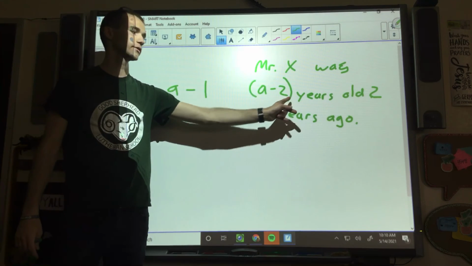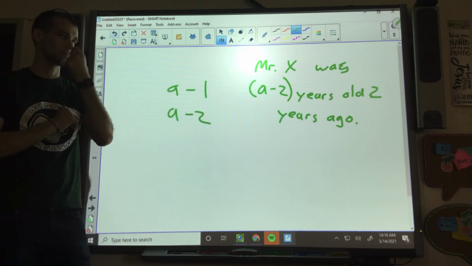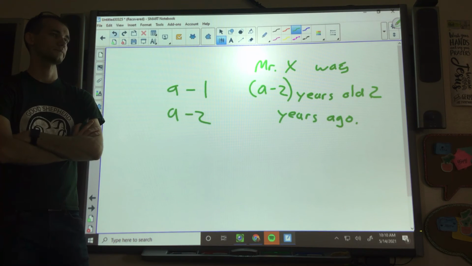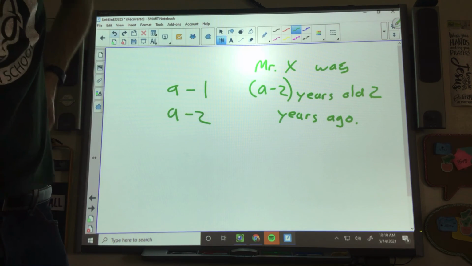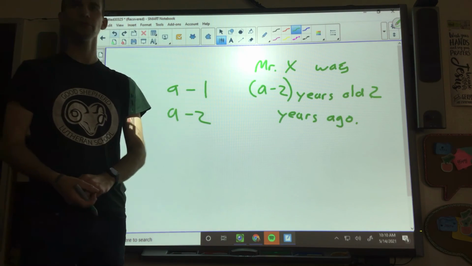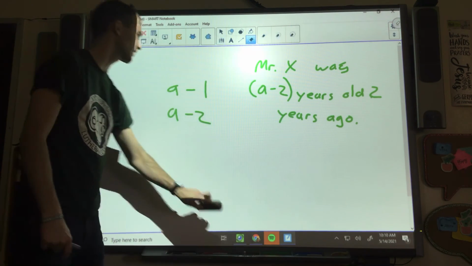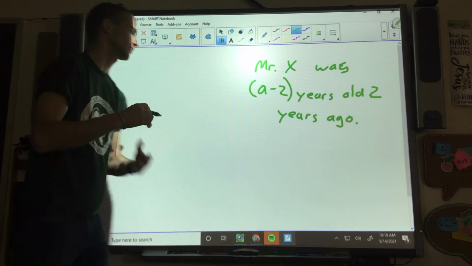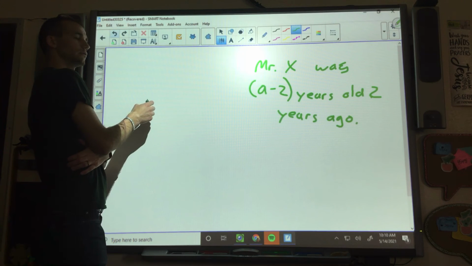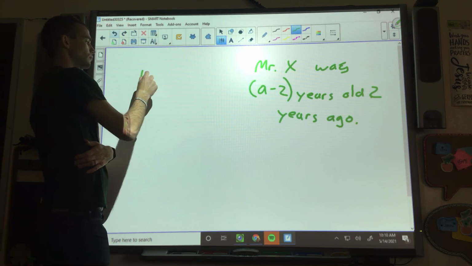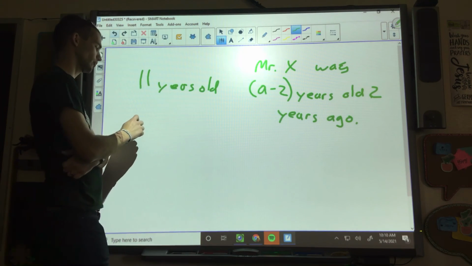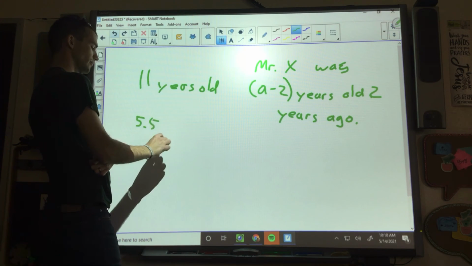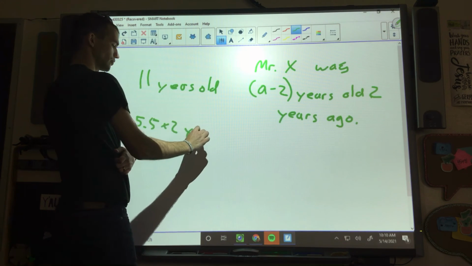Now, why did I put these in parentheses? Yeah? Because whenever you're gonna say something specific, or to answer something. Kind of. Basically, the big reason is, think about it in terms of this. Let's say I say that Jordy is 11 years old. I could also say Jordy is 5.5 times 2 years old, right?